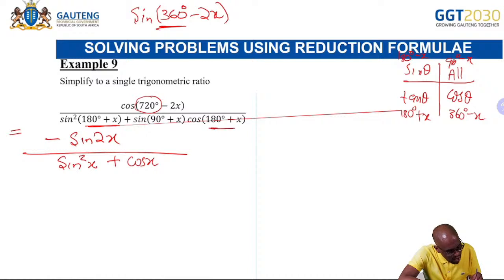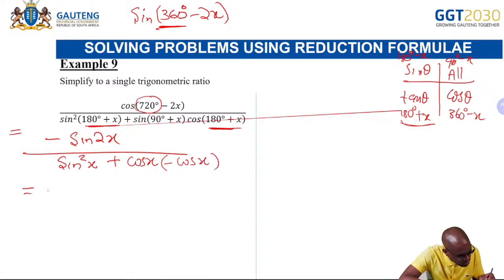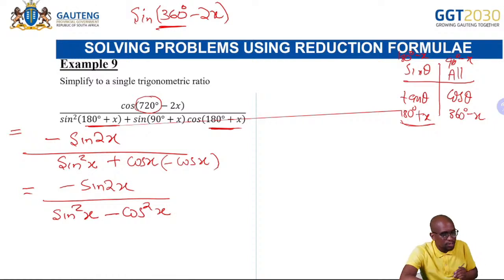And the cosine of 180 plus x. 180 plus x is in the third quadrant, and the cosine is negative there, so this would be negative cosine x. So this would be equal to negative sine 2x divided by sine squared of x minus cosine squared of x.